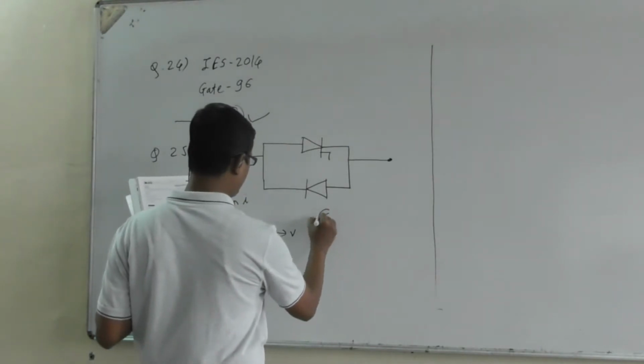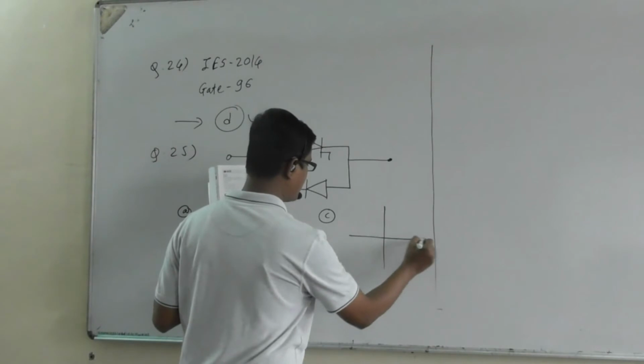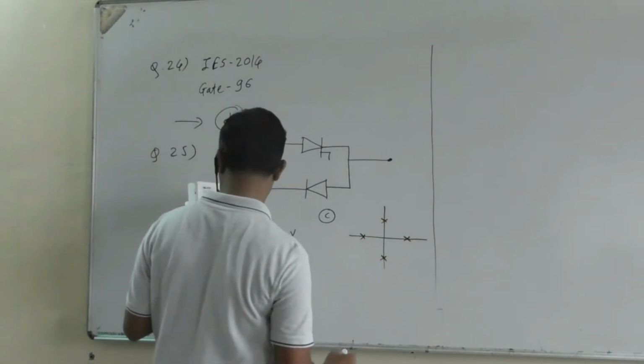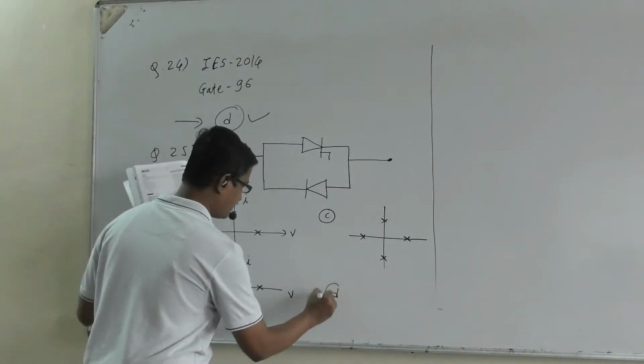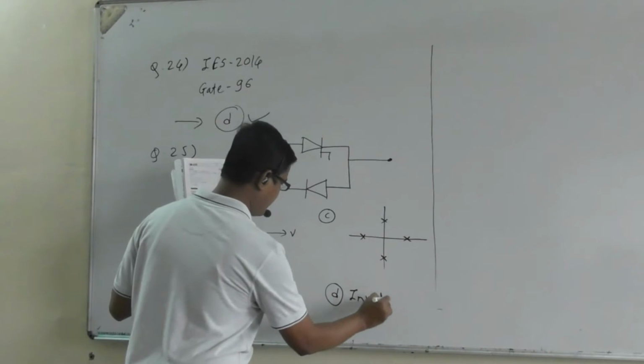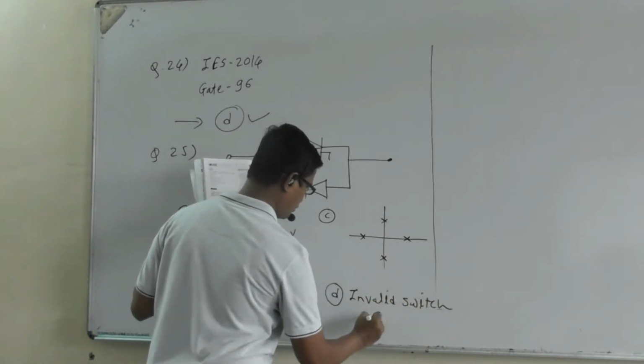Option C, it is given as bidirectional and bipolar. And option D, invalid switch combination.